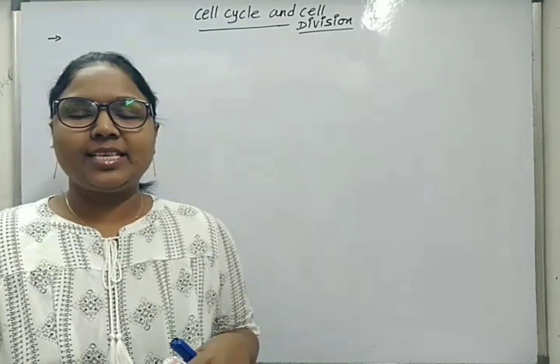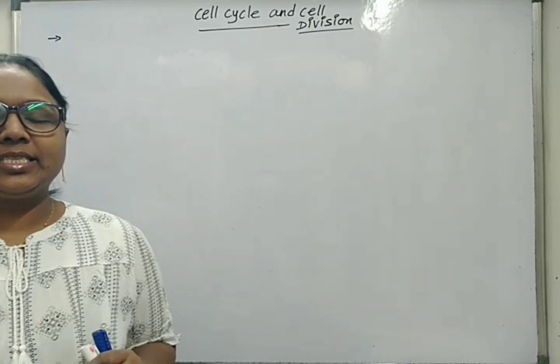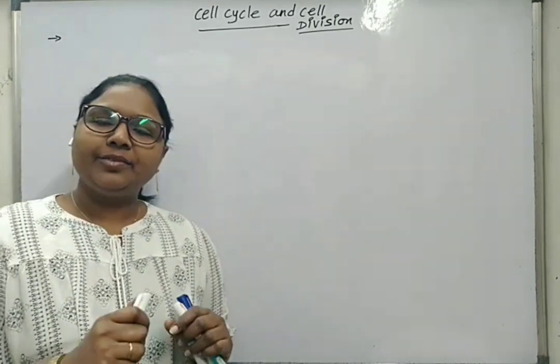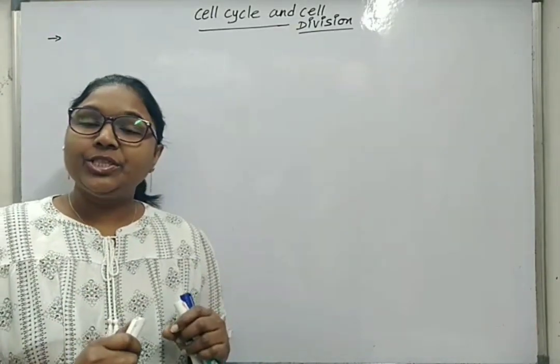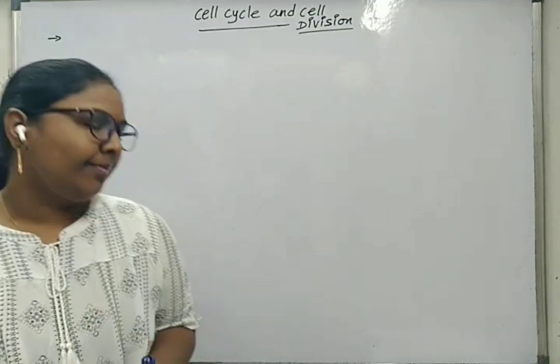Hello students, now we will discuss a new chapter: cell cycle, cell division. In this chapter, we will discuss mitosis, meiosis and amitosis, and different types of division enhancing substances and division stopping substances also.